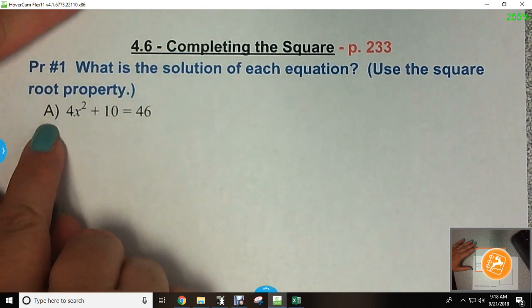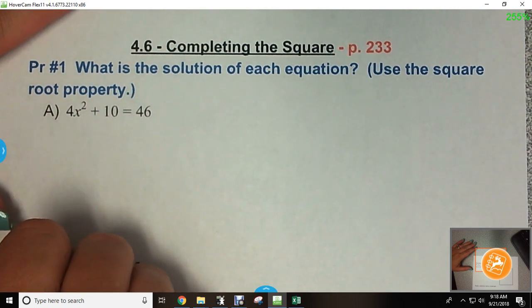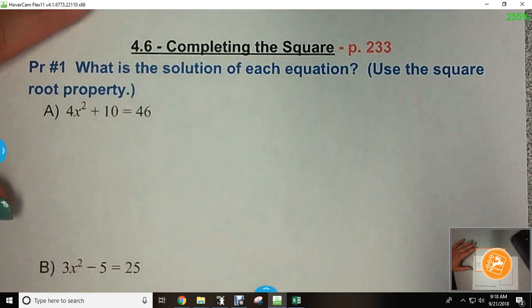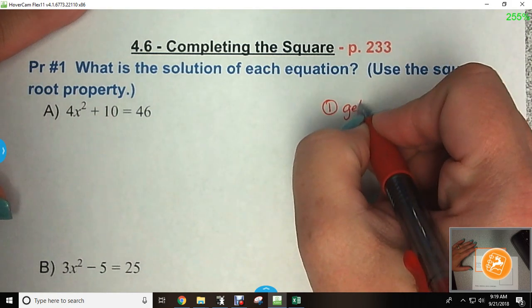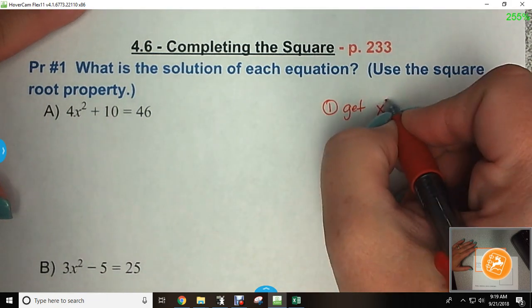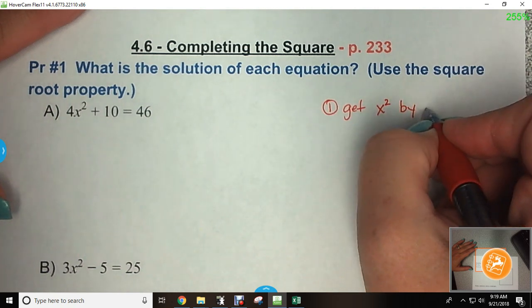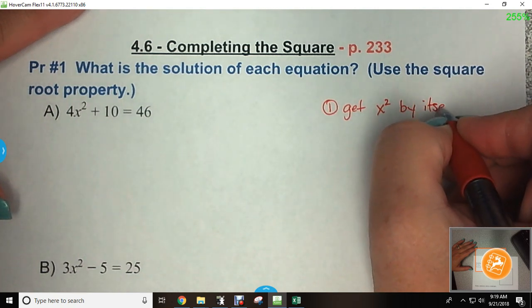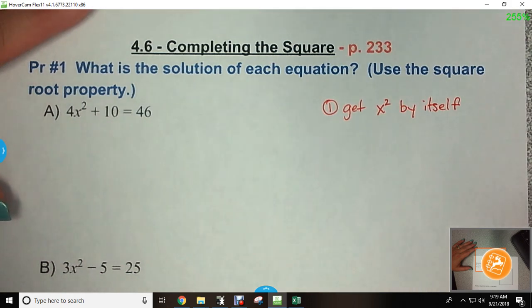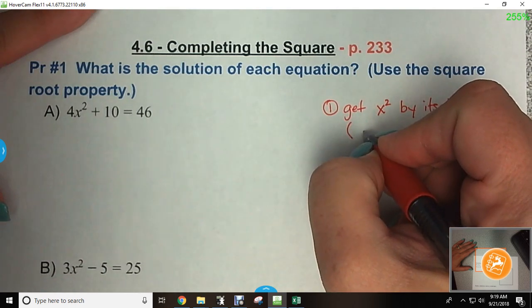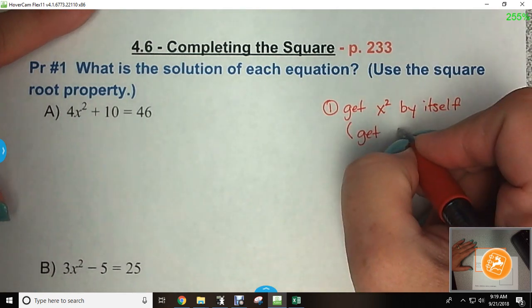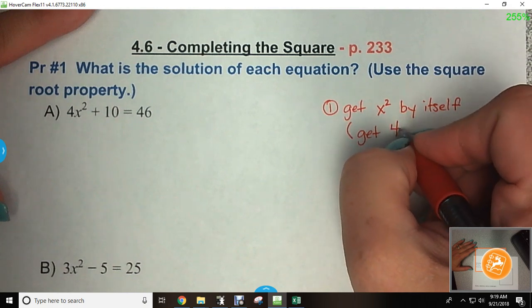Now, for problem 1a, it says, what is the solution of each equation? Use the square root property. What we're going to do is try to get x squared by itself. If we can't get x squared by itself without making it a fraction, we're going to at least get the x squared term by itself.